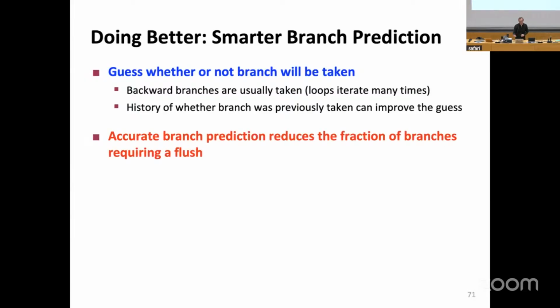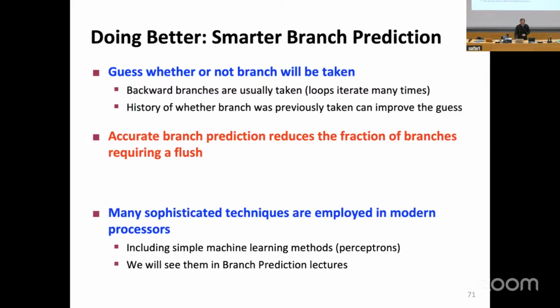Accurate branch prediction reduces the fraction of branches that cause a flush. There are many sophisticated techniques that are employed in modern processors to do accurate branch prediction. And the reason hopefully is clear. Because if you are incorrect in your prediction, you fill the pipeline with junk. Junk meaning useless instructions. You're going to flush them. So you'd better fill the pipeline with useful instructions. And the only way to do that is to predict the correct instructions to fetch.